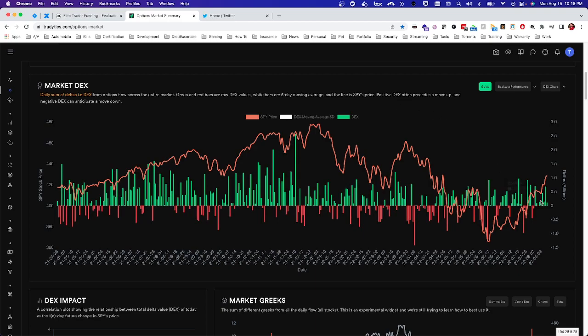positive DEX often precedes a move up. Positive DEX is shown by these green bars, positive delta exposure, and negative delta exposure can anticipate a move down. I talked about this in that options Greeks and dealer hedging video that you can check, but essentially, if we have positive delta exposure, that means dealers are short delta.